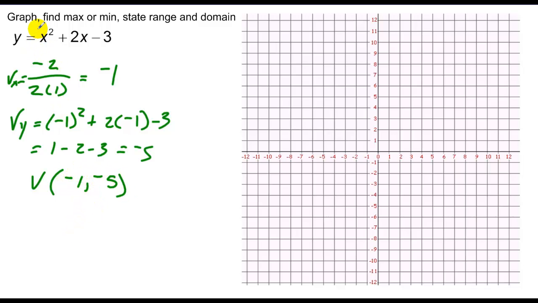Now, I see the a value in this case is 1. That determines the shape, so y equals 1x squared. We know what that looks like because that's just the parent function: (0, 0), (1, 1), (2, 4). And from that point, negative 1, negative 5 right down here, I go over 1 and up 1 in both directions, over 2 and up 4.